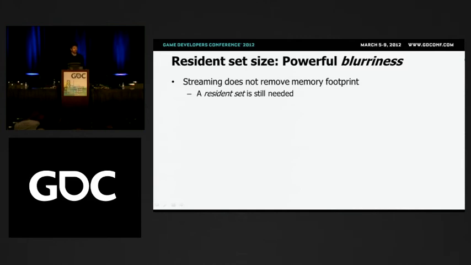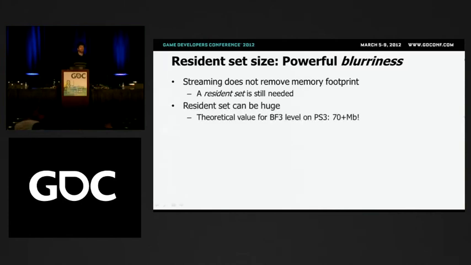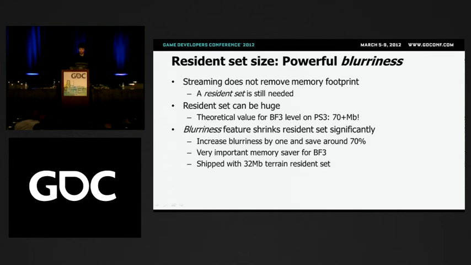The thing with streaming is you don't get down to zero memory. You just reduce memory. You still have to have a resident set loaded. And we did some math on the resident set need for a terrain, and we found out that if you want full sharpness, you would have to spend some 70 megabytes. This is with streaming. That is way too much, so we had to do something.